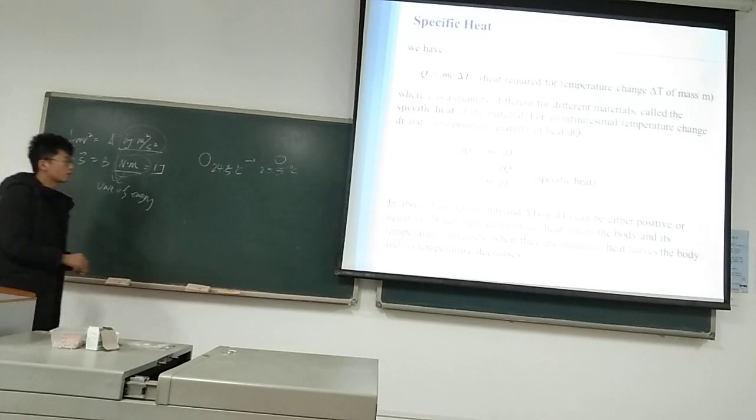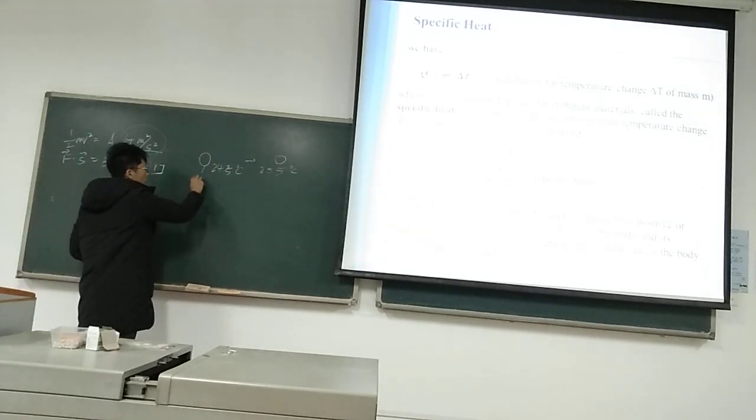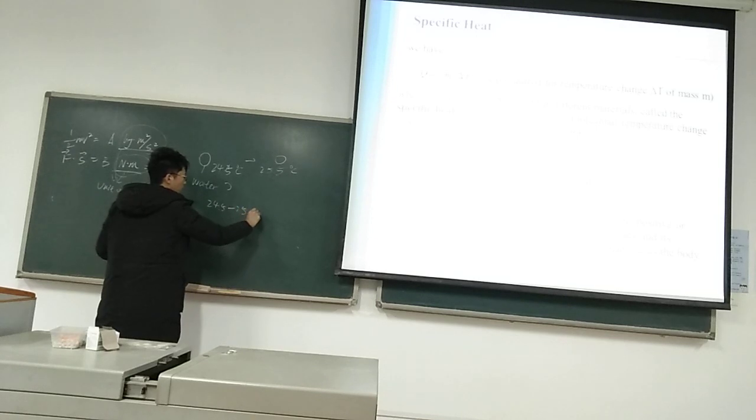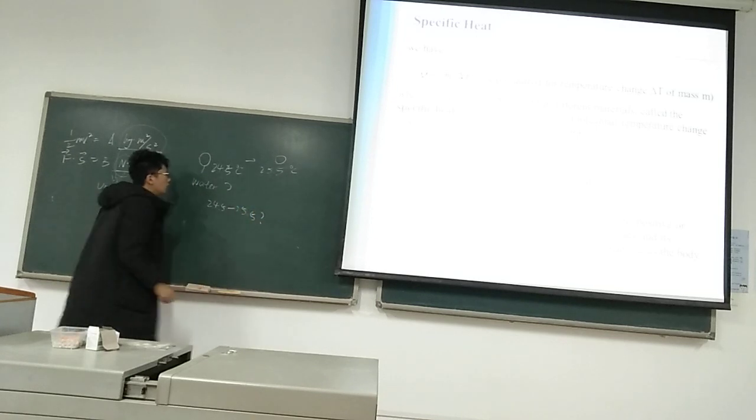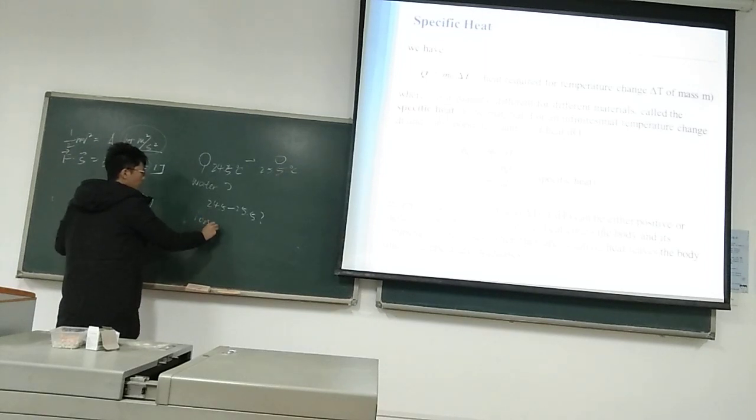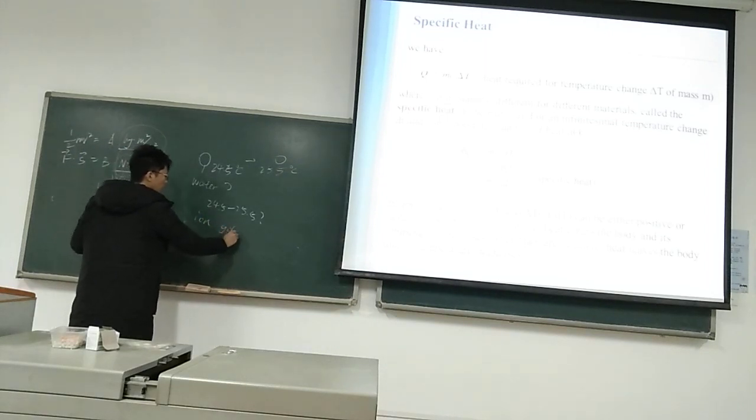Does anyone have questions? Why water? Why from 24.5 to 25.5? How about iron? Gold?